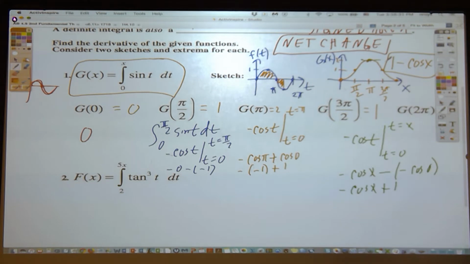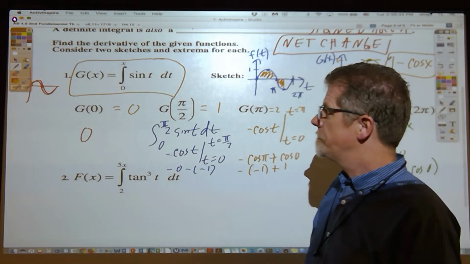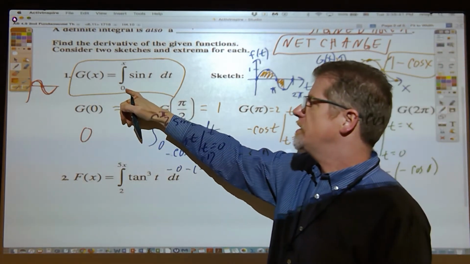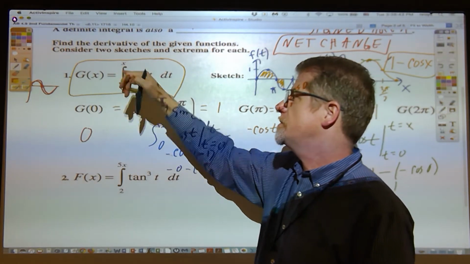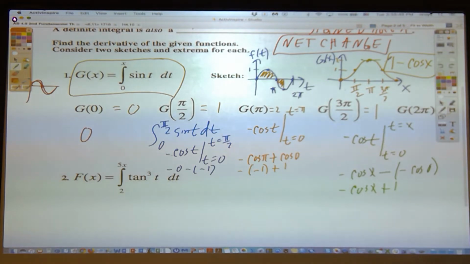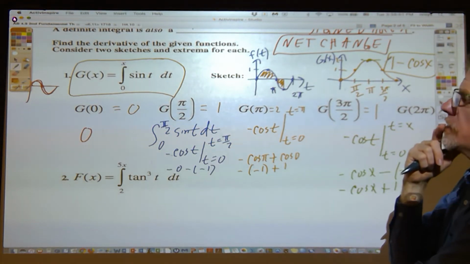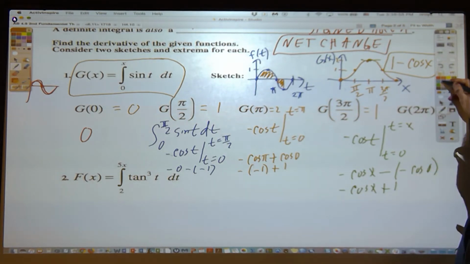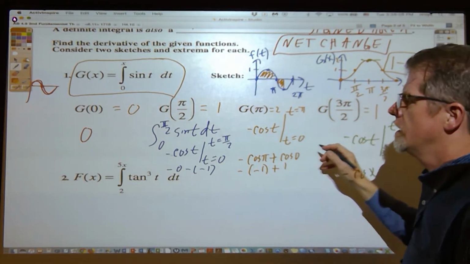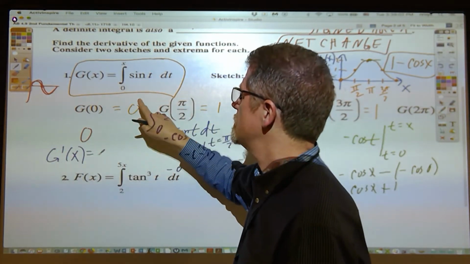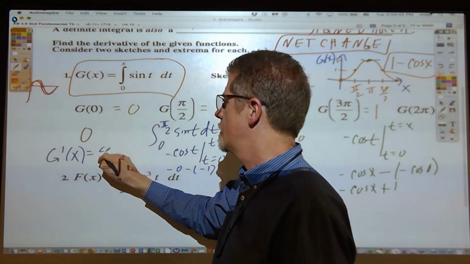Now, that's fairly trivial when you have a situation in which the lower limit of integration is a constant and the upper limit of integration is x, because it's really just a matter of saying that g prime of x, according to the second fundamental theorem of calculus, is just going to be sine of x.